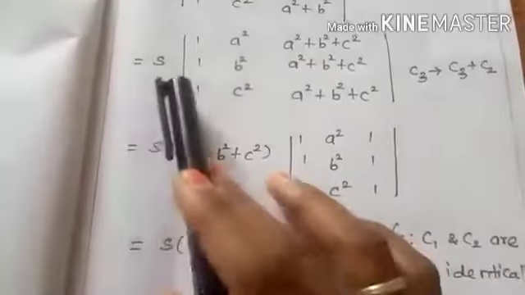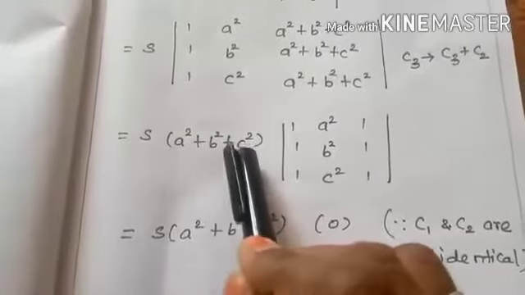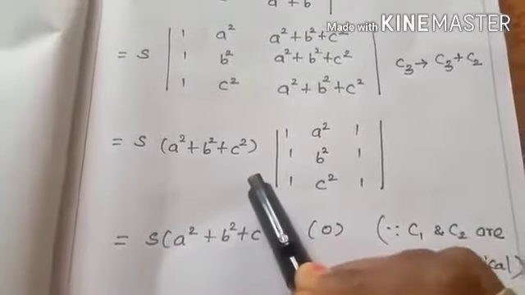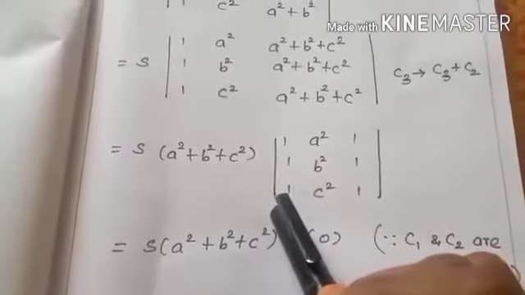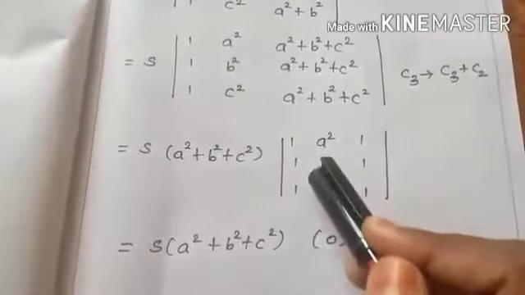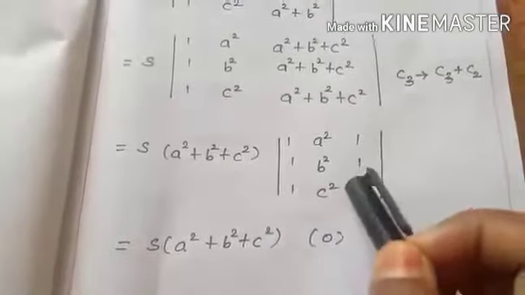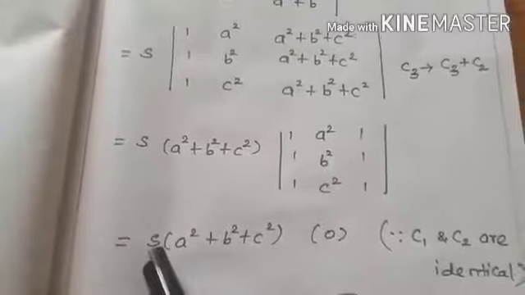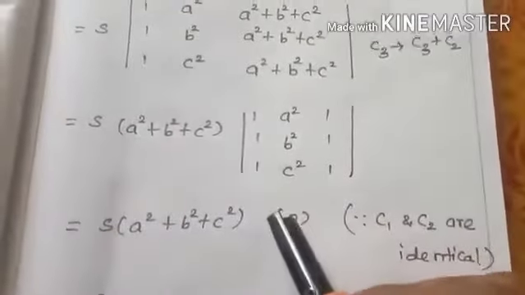Which is equal to, already we have s, into a squared plus b squared plus c squared into the determinant of first column 1, 1, 1, second column a squared, b squared, c squared, third column 1, 1, 1. So which is equal to s into a squared plus b squared plus c squared into the value of this determinant, which is equal to 0.